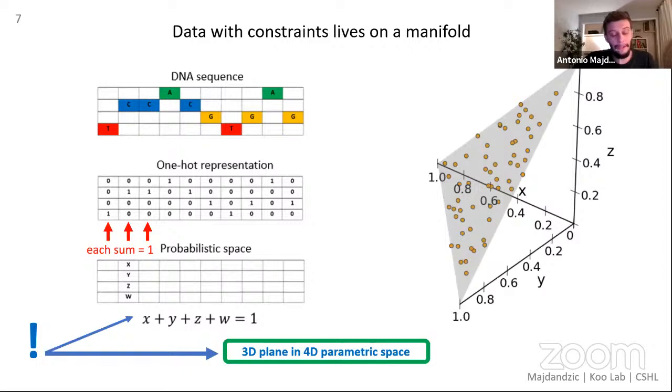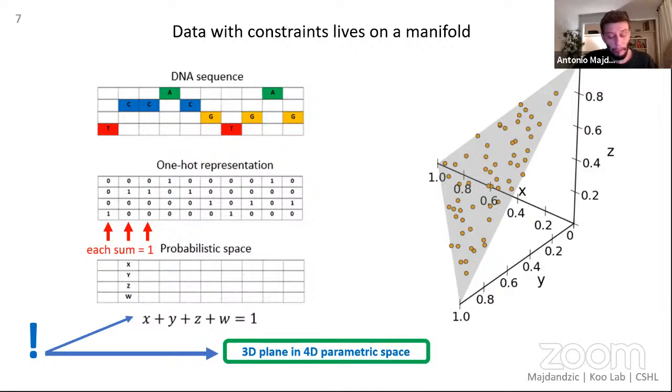So something very interesting happens when feeding data with constraints. This data lives on a lower dimensional manifold within the full parametric space of higher dimensionality. One such data type is central in genomics. DNA and RNA sequences are encoded as a one-hot representation, and this can be interpreted as the probability of each nucleotide at each position.